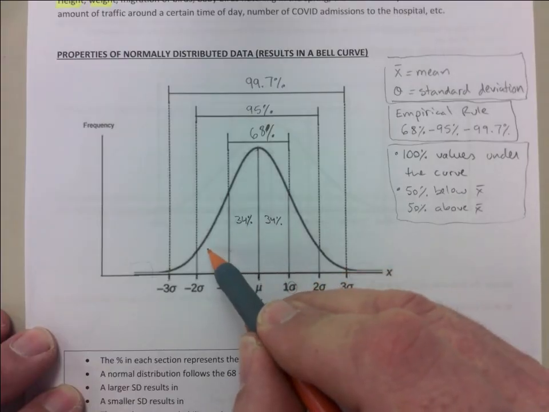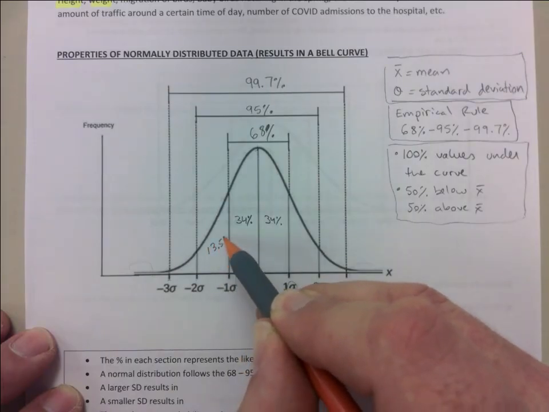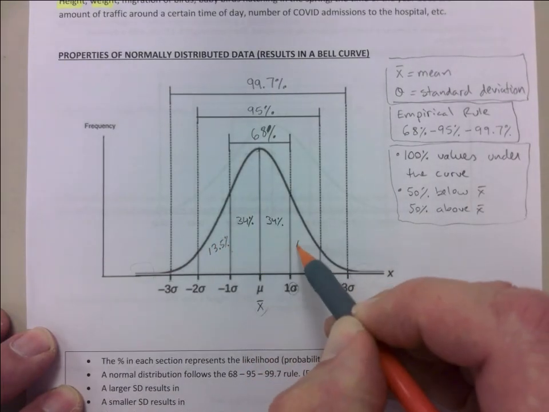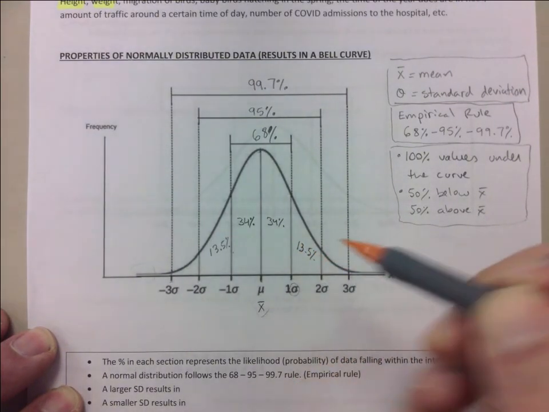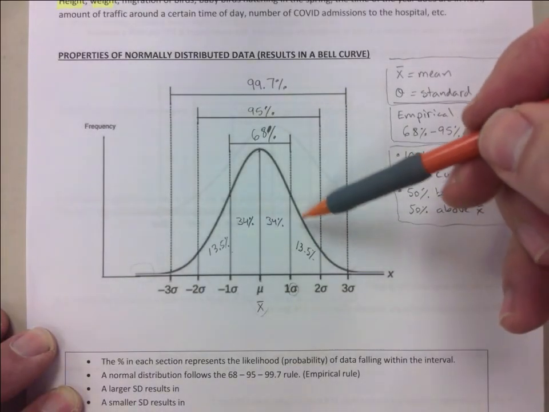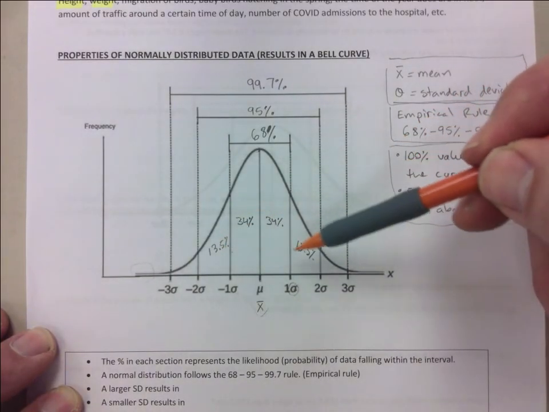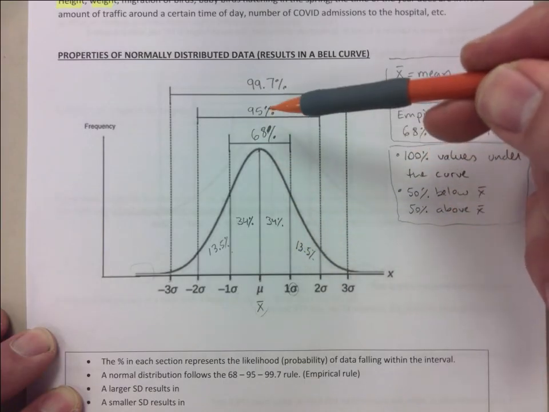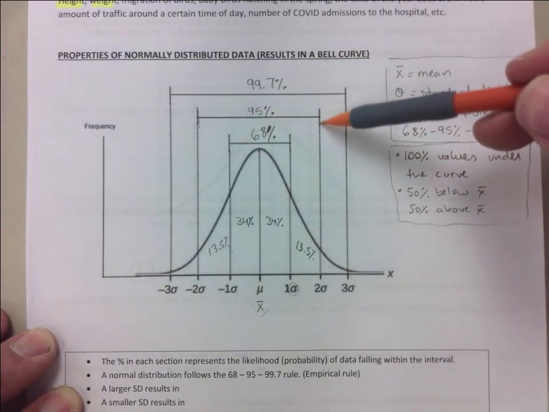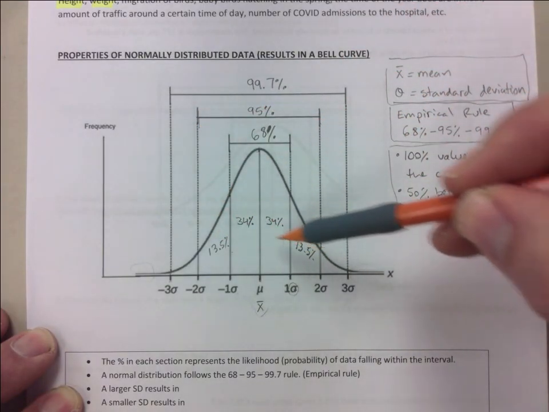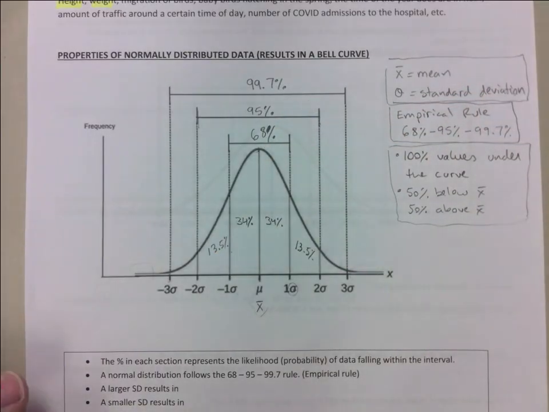And here's where you have to just, I'm going to go 13.5% here, 13.5% there. And if you add up these 4 bars here, they will add up to 95%, right? From here to here, if you add up all 4 sections, you've got 95%.